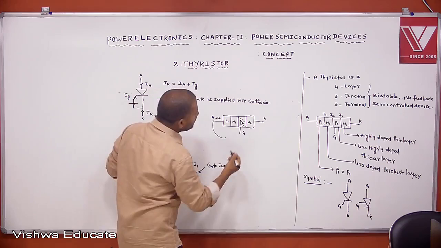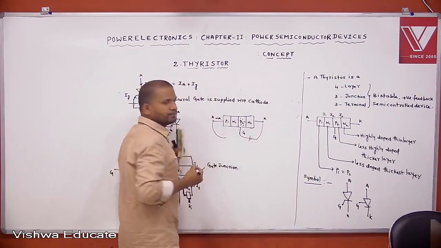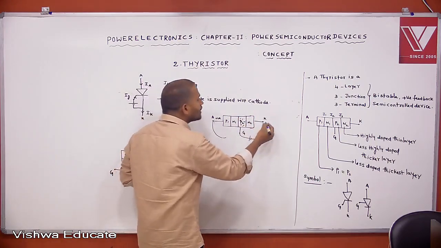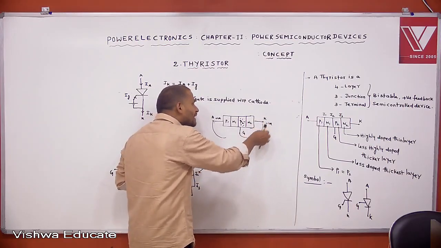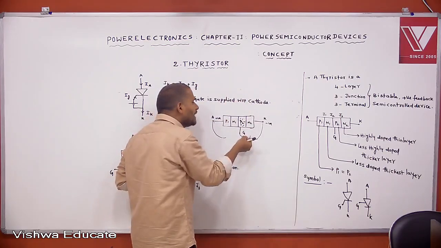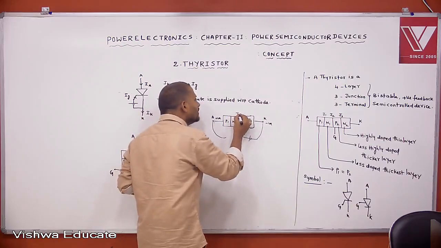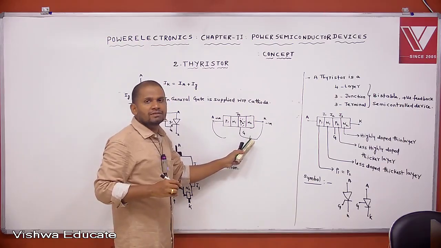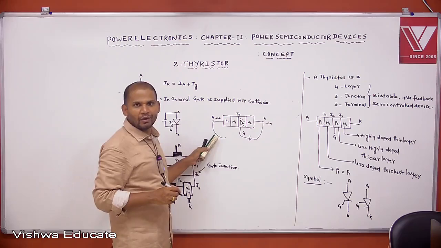For example, if you trigger the SCR with respect to cathode, this is positive charge and this is negative plate, then the gate current can be easily attracted by the P2 layer. Then within less voltage we can inject the gate current into the P2 layer, which is nearer to the J2 junction. In this case it requires less gate voltage. But here it requires more gate voltage with respect to anode trigger SCR.